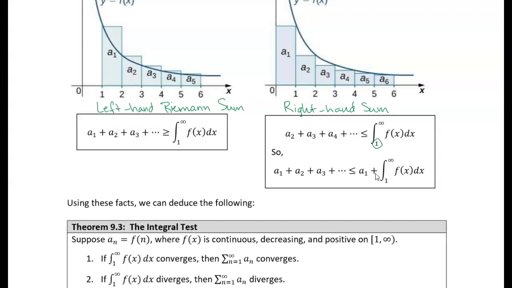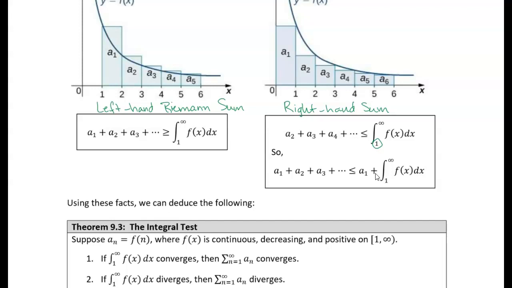The series is greater than the integral from 1 to infinity, which bounds it on the bottom, and we've bounded it on the top by a1 plus the integral from 1 to infinity. So the series is somewhere in between those two.